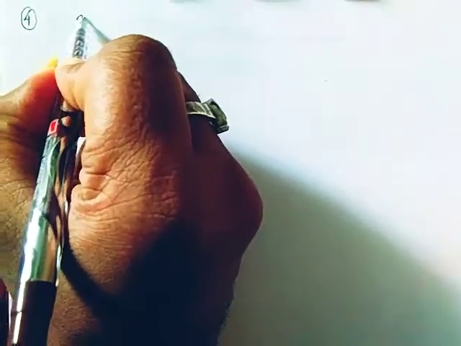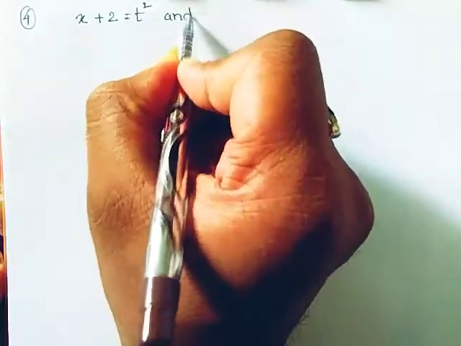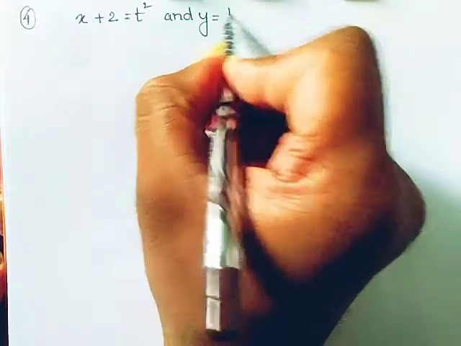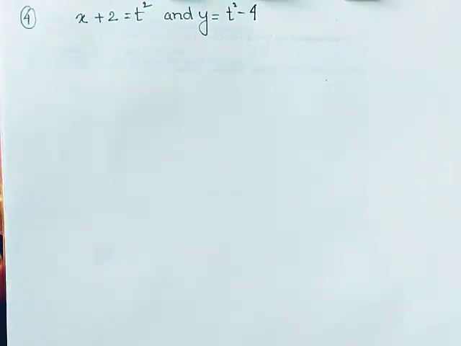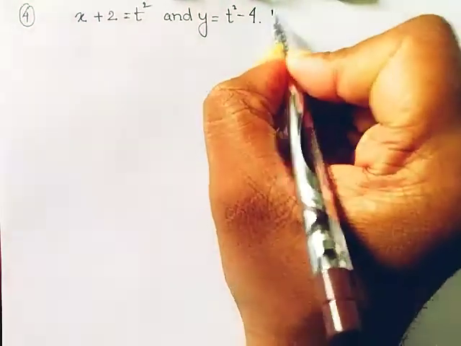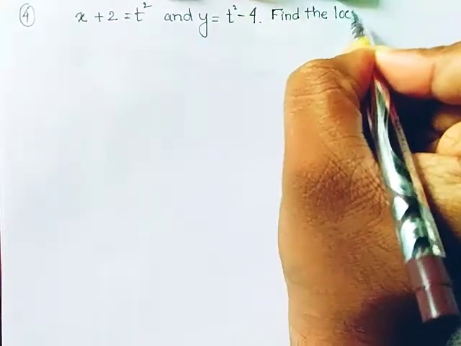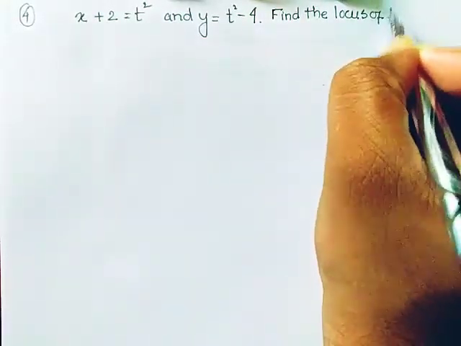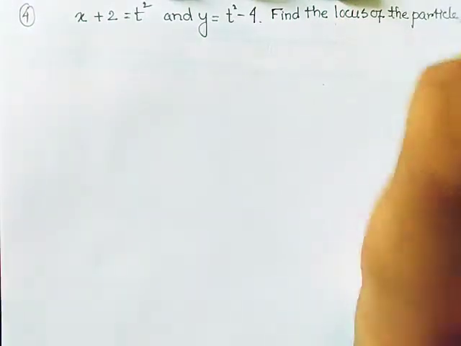My next question is, the equation of motion of a particle is given by x plus 2 equal to t square and y equal to t square minus 4. Then find the locus of the particle. Basically the word locus means which path this particle actually follows.